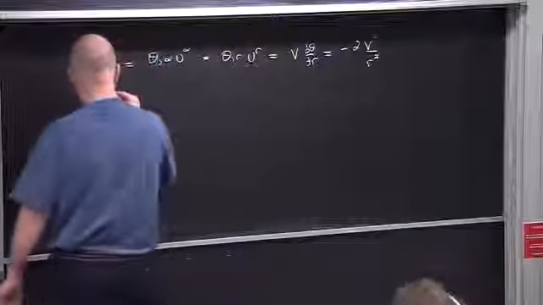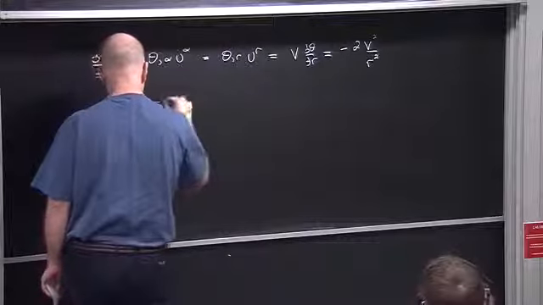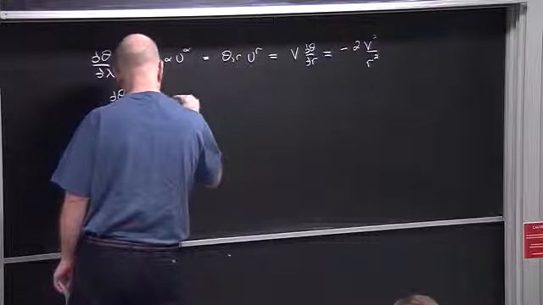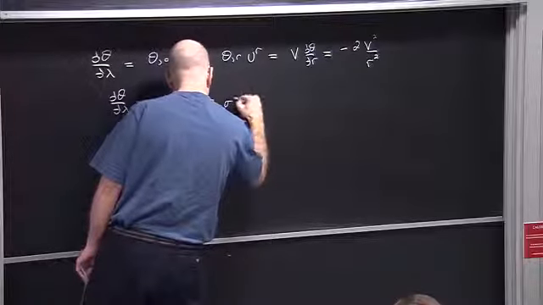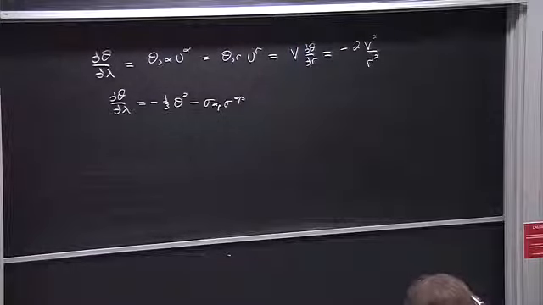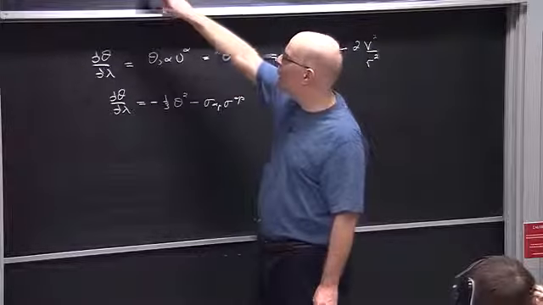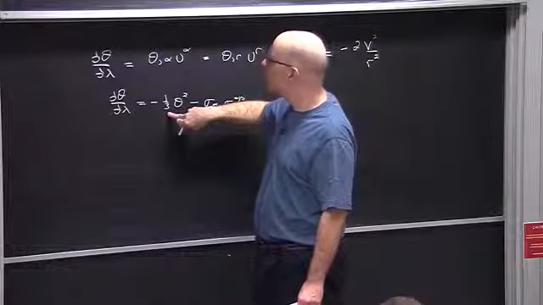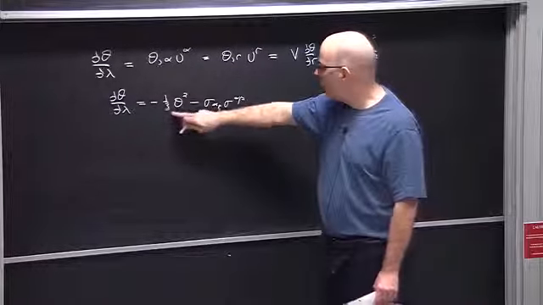Now, according to Raychaudhuri's equation, this should be equal to minus 1/3 θ squared minus the square of the shear tensor. It would be a disaster if that didn't turn out to be true, but I think it does. Over here, θ squared gives us 4/3 v squared over r squared.